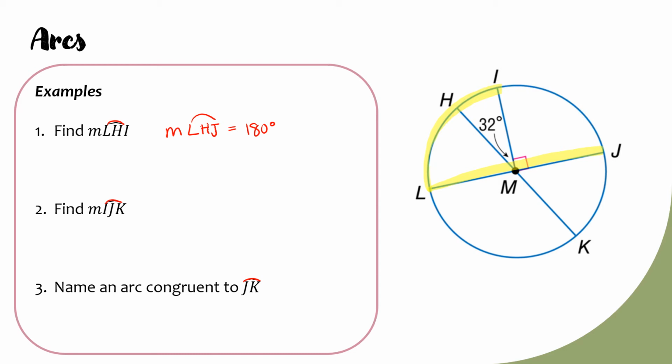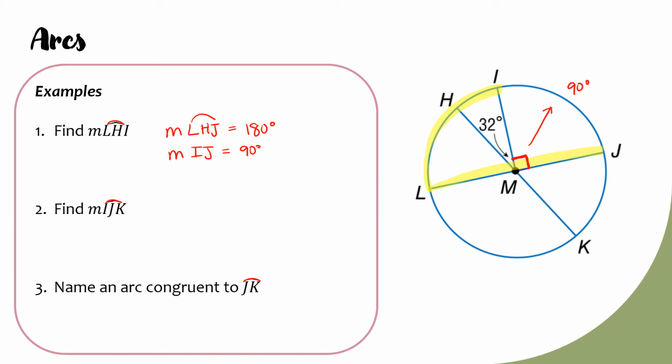Well, I also have this lovely 90-degree angle marker. So I know that the measure of arc IJ is equal to 90 degrees. Remember, the measure of the central angle corresponds to the arc measure.